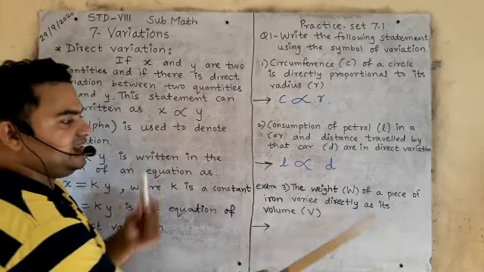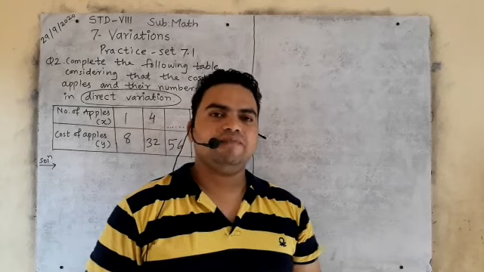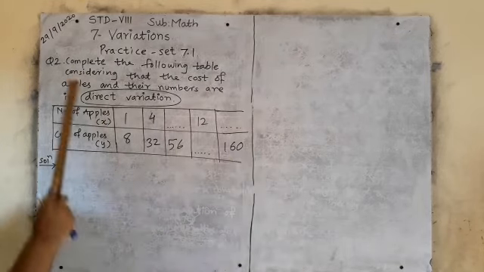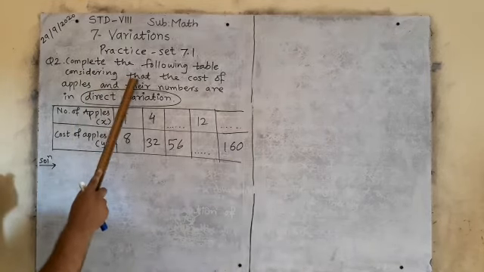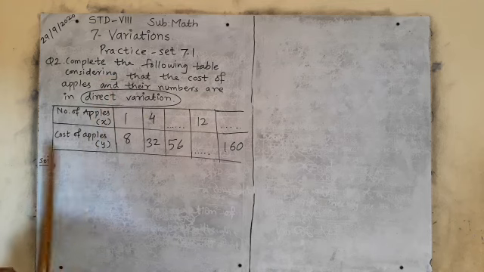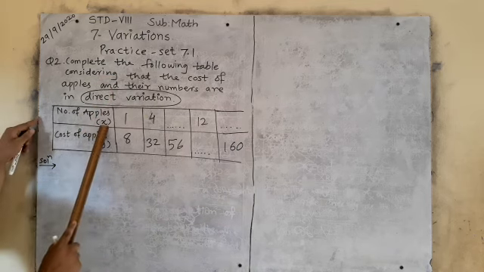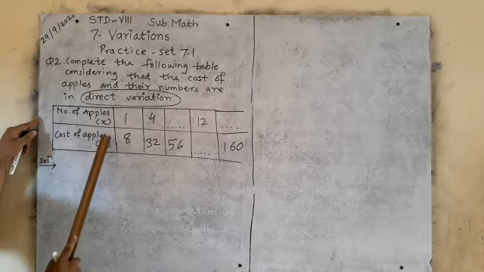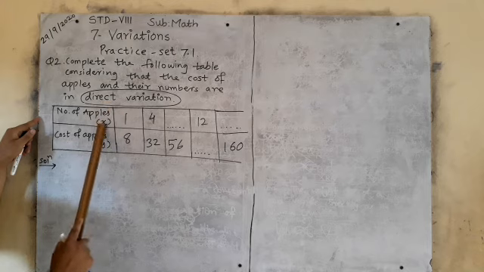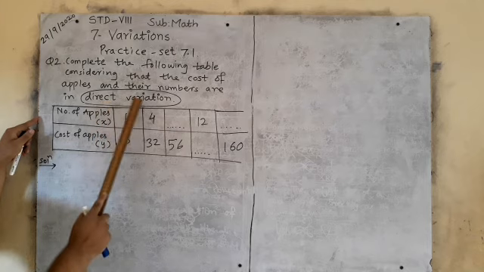Now we will see question number 2. So dear students, now we will see the second question of practice set 7.1. Look here. Complete the following table considering that the cost of apples and their numbers are in direct variation. Number of apples is denoted by X and cost of apples is denoted by Y, and the relation between these two quantities is direct variation.